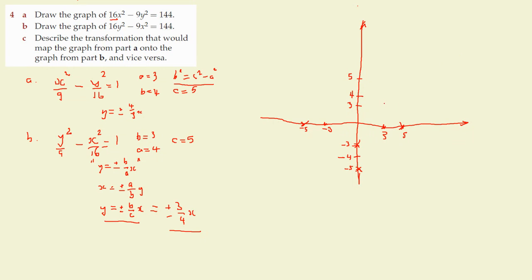Okay, so my dotted line is going to have to go through these sorts of points. So there's one asymptote. Apologies for how bad this is going to look. And we're going to get one coming back the other way, going through there and there. So let's get our other asymptote in.